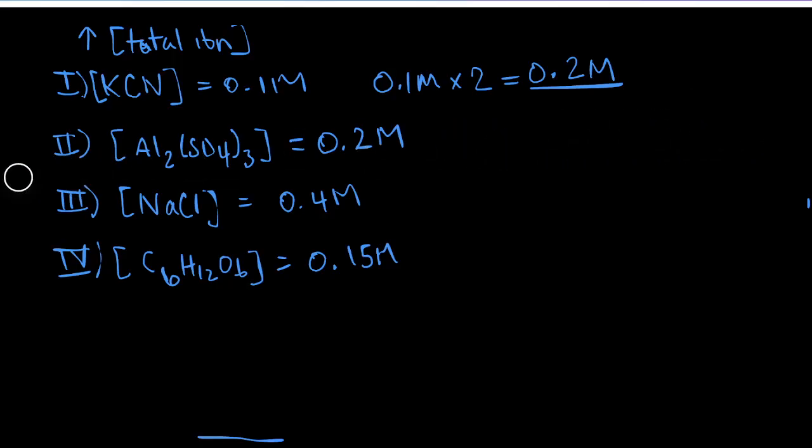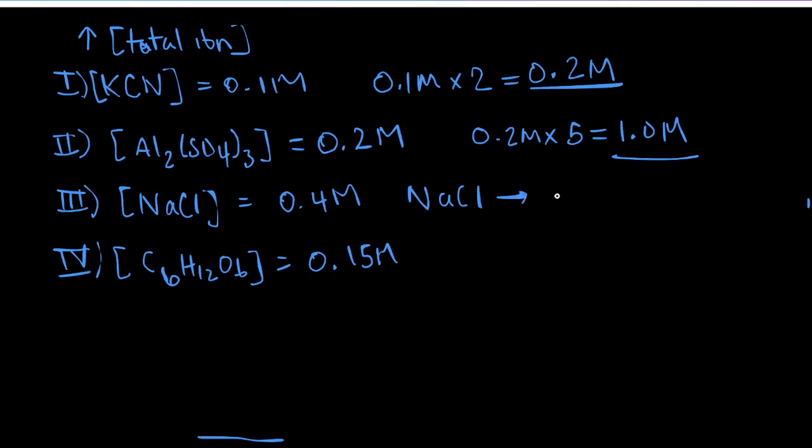So that's going to be 0.2 times 5, or 1 molar. Okay, now NaCl. We already looked at this NaCl before, right? We know NaCl is going to dissociate into an Na plus and a Cl minus. That is 2 ions. So that's just going to be 0.4 times 2, or 0.8 molar.